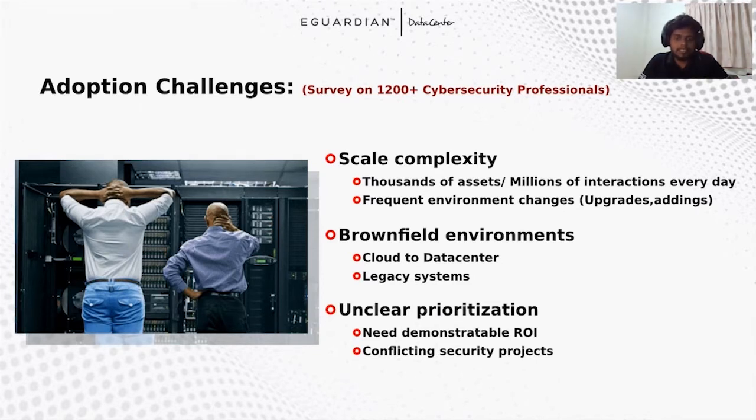So the second piece is that people are in brownfield environments, not in greenfield environments. A lot of people are migrating to the cloud from their traditional data center. That brings a different nuance on security and what needs to be done to protect it. And a lot of people still have legacy systems. If you talk about manufacturing companies that have factories and smaller places, there are systems that have not been upgraded and not been patched.